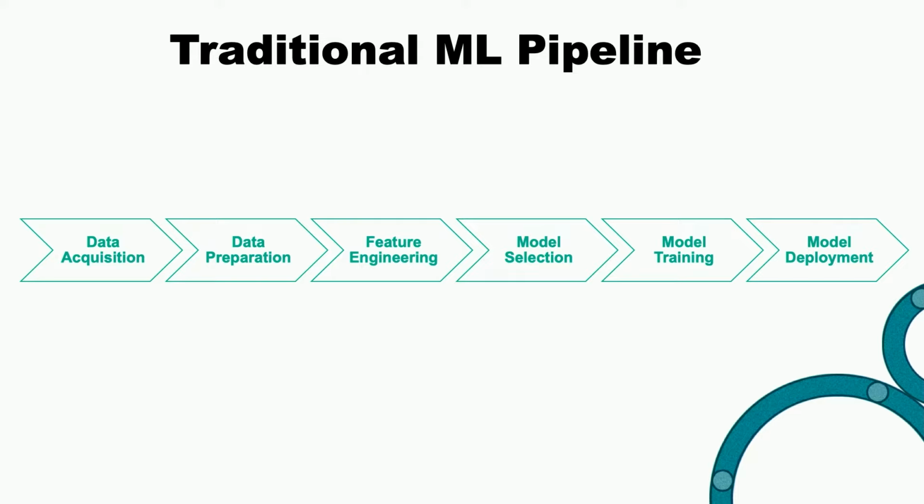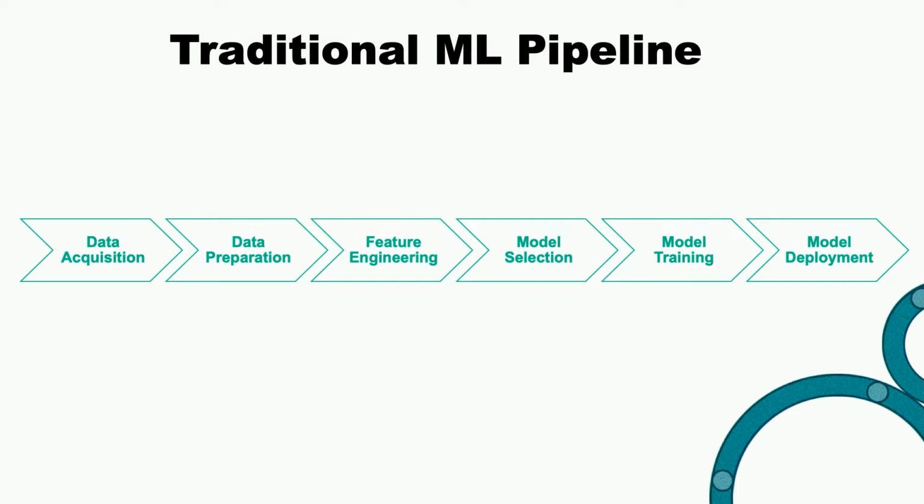It wouldn't be practical to train all of your models on all of this data. So you'd subsample some of that data, train all of your models on it, pick the best model, and then train the rest of the data on that one model. And that's the model training step. And by this point, your model is ready to be deployed and for predictions to be made on it. So this is the traditional ML pipeline. Parts of this may be iteratively conducted, and model deployment is typically the last stage.